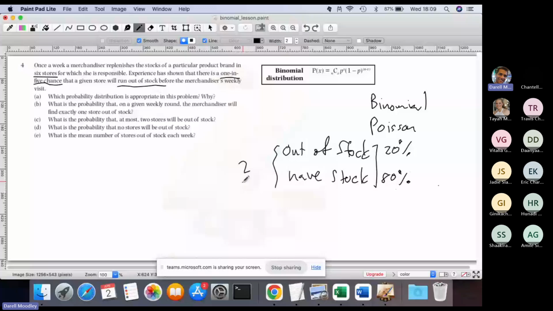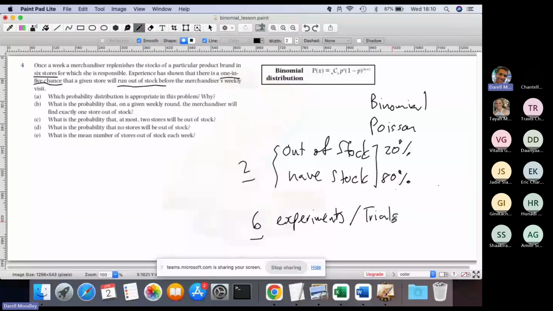And the other thing you want to look for is, are there a fixed number of trials? And what I mean by fixed number of trials, if you look at this question, is there an endless amount of stores? No. There are 6 stores, so there's a limited amount of stores which this person is responsible for. So there are 6 possible outcomes. 6 trials, so 6 experiments. 6 experiments or trials, it's the same thing.